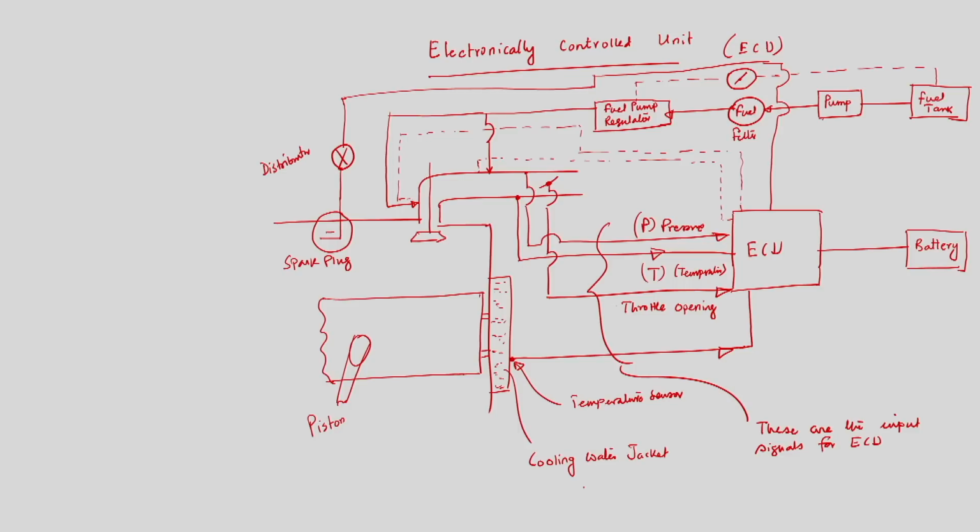Now, sensing the pressure, temperature and throttle opening is very important. So, in the speed density system, the primary inputs into the ECU are the output from the manifold pressure sensor, engine speed sensor and the temperature sensor installed in the intake manifold to monitor the air temperature.